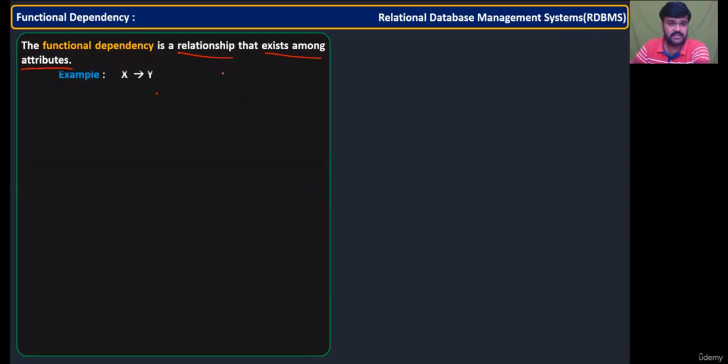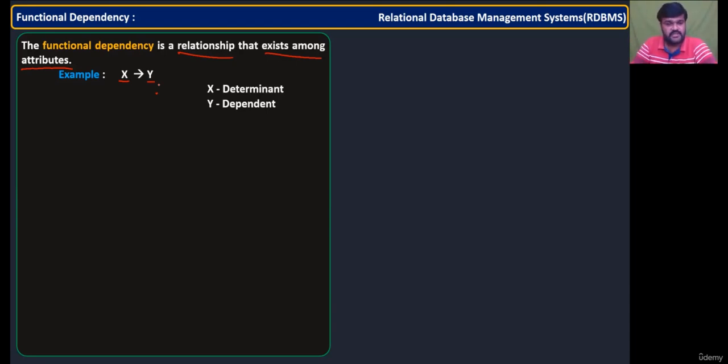What is that? You can see here, for example, X is a set of attributes and Y is also a set of attributes. The set of attributes in X is deriving the set of attributes Y. So here X you can call the determinant and Y the dependent, because you are deriving Y from X. That means a dependency is there. And what is its meaning?